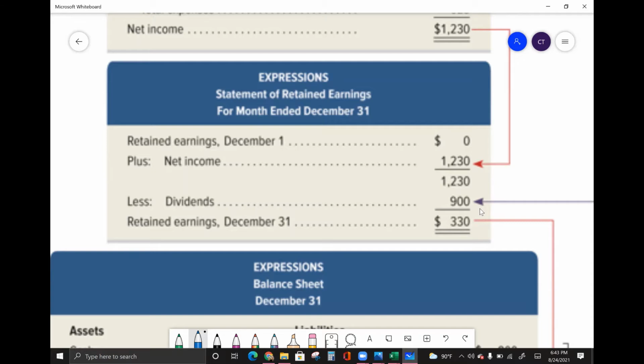So the next step is to add the income. Where's the income coming from? The net income is coming from the income statement. You just figured out what your net income was on your income statement, so that balance is going to get pulled in. And the reason why is because every period, let's say it's a calendar year, is your period of time for doing your sales, collecting all your information and putting it into the system with your transactions.